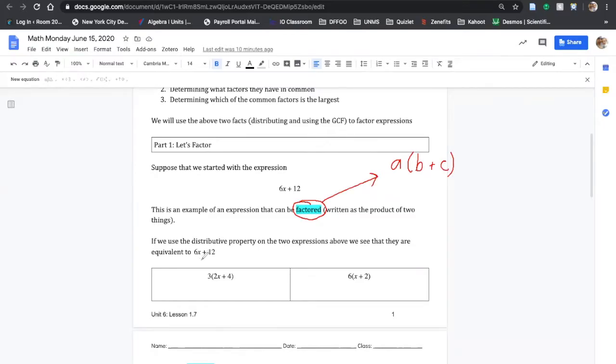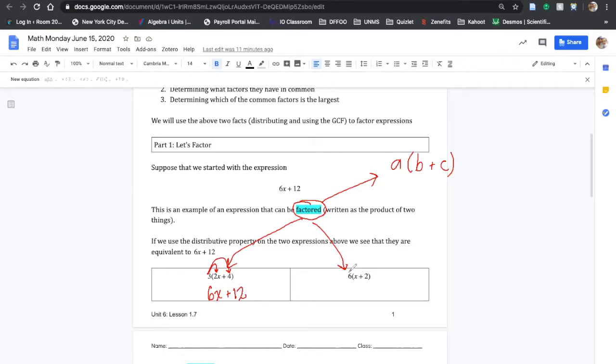So in order to get our heads around what factoring is, I'm going to show you two examples. So this example here, 3 times 2x plus 4 and 6 times x plus 2 are both examples of something that has been factored or something that I can distribute. So in this case here, just to show you, if I were to distribute this, I would say 3 times 2 is 6 with the x, plus 3 times 4 gets me to 12.